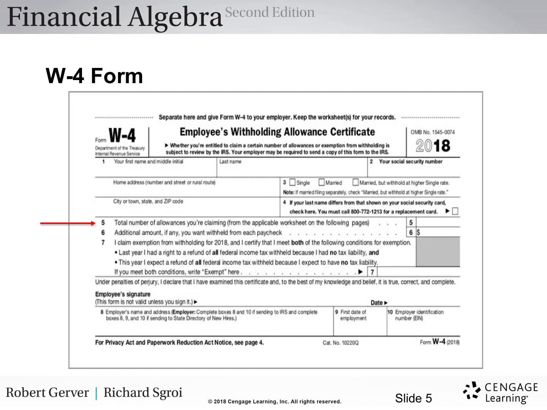You can see here, for example, line item 5 on the left-hand side. This is the total number of allowances you're claiming from the applicable worksheet on the following pages. So you calculate how many allowances you're allowed to take, how many children you're supporting, things of that nature.